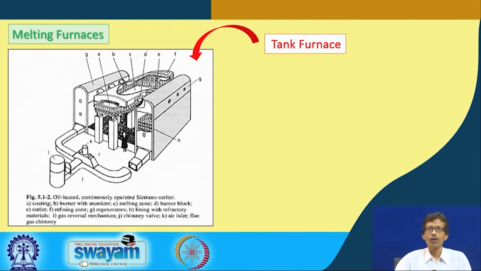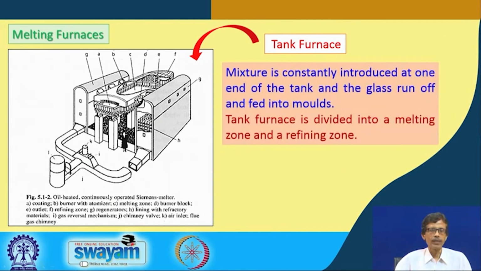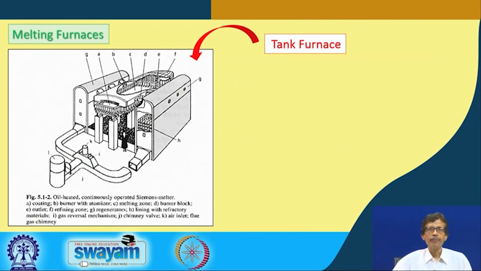These were at one time trade secrets or patented items, but not now; it is a typical textbook item for your study. It is there in your book also, Buchel's book, the oil heated continuously operated Siemens melter. Siemens is a German company, and they utilize it for making samples of this glass material.